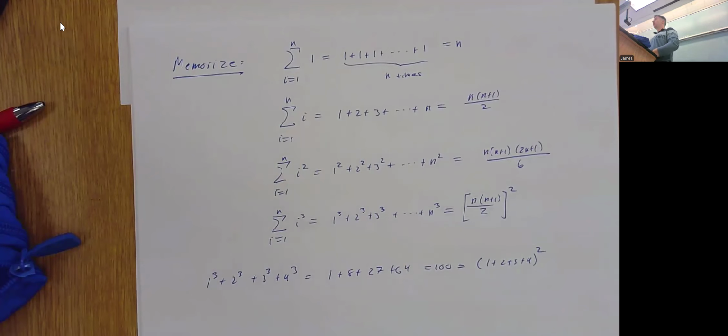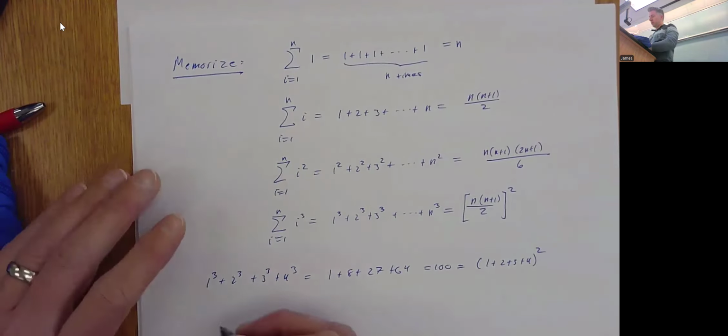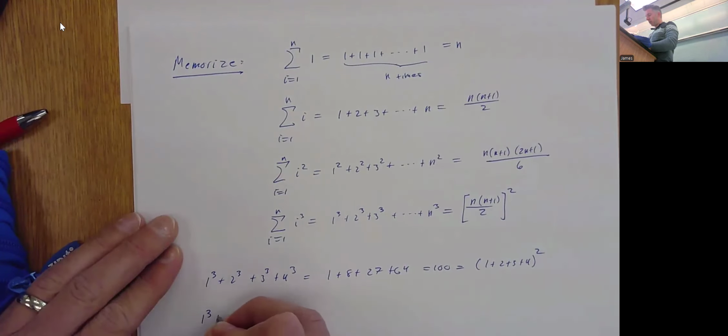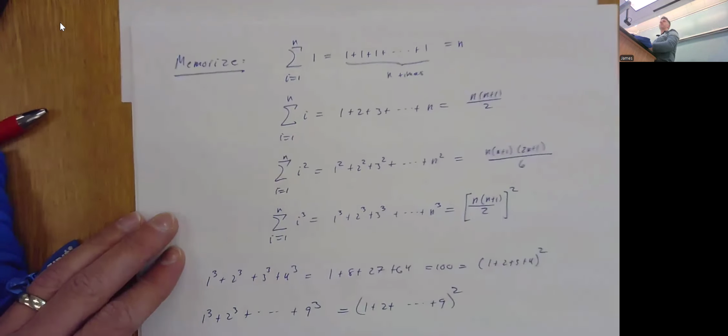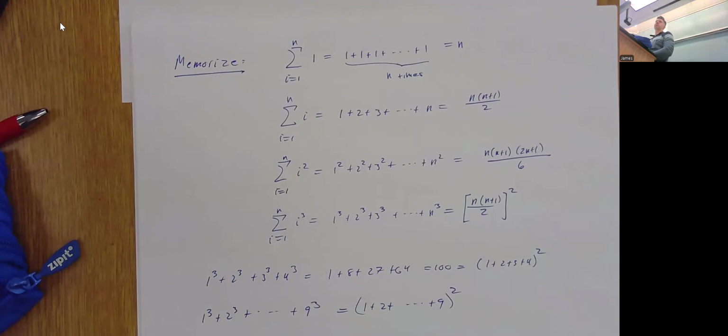And that is true as long as you start at 1, no matter what number you end up with. So it's also true, I'm not going to actually calculate it, that 1 cubed plus 2 cubed all the way to, say, 9 cubed is for sure the same as 1 plus 2 plus 3 all the way to 9, quantity squared. I just think that's super neat.